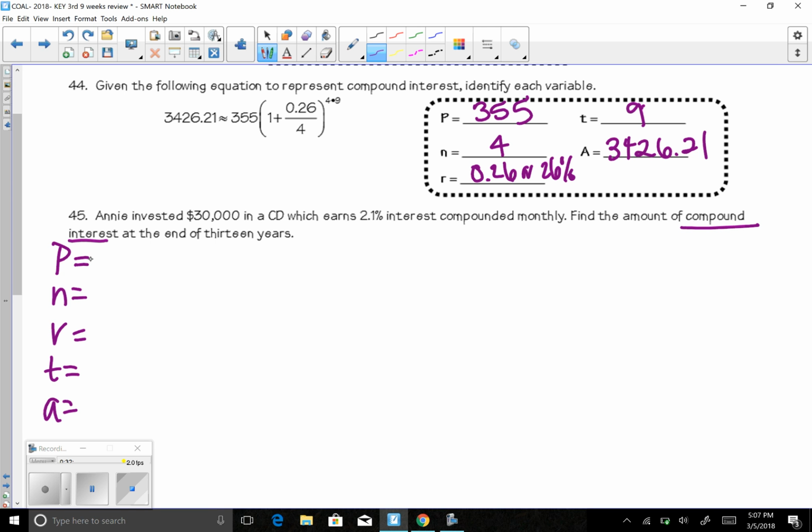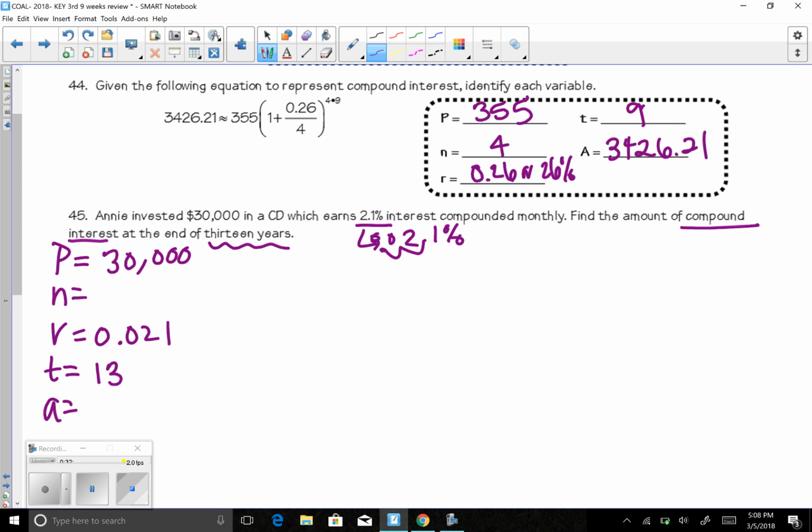So what I know is she started out with $30,000. She's going to earn 2.1% interest. Well, that's when you move 2.1% to the left 2 times, you get 0.021. 13 years is your time.